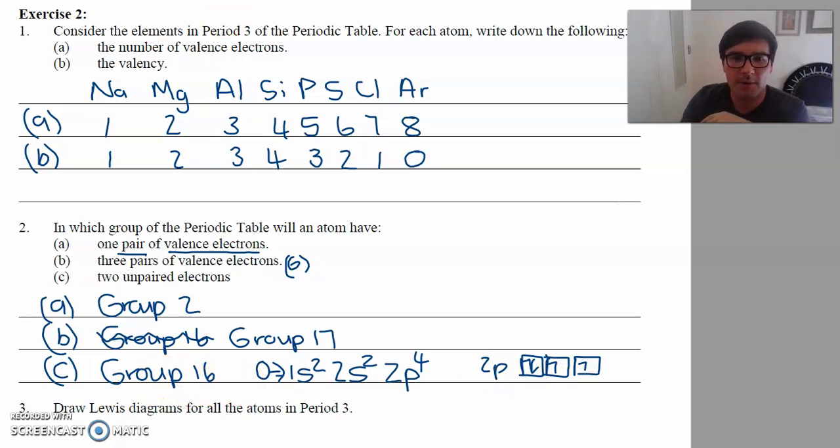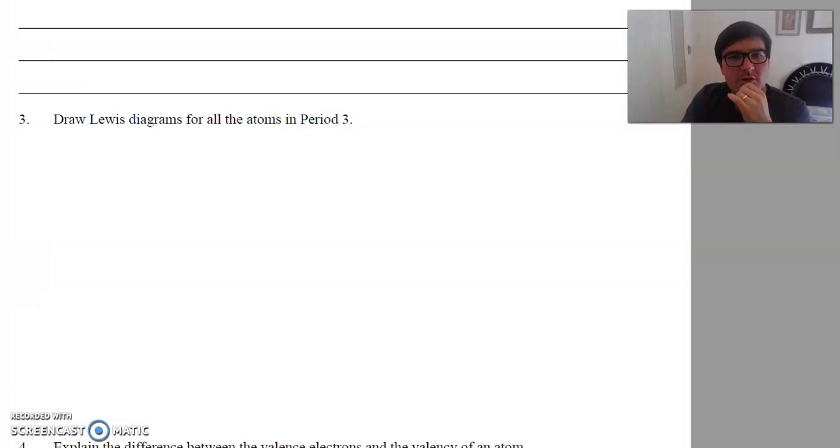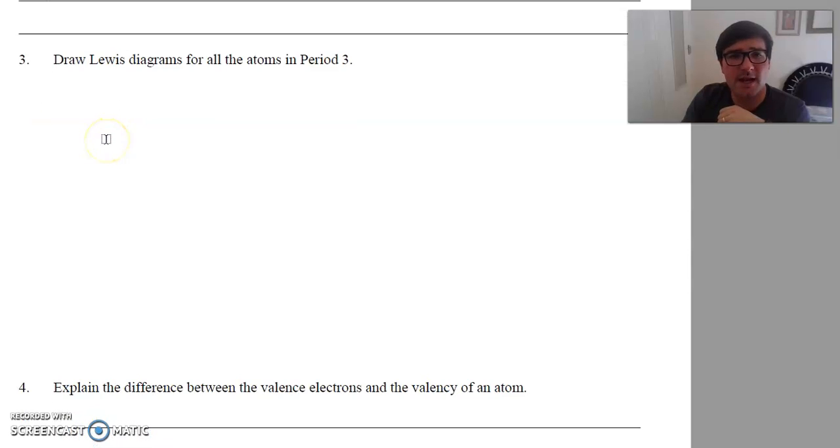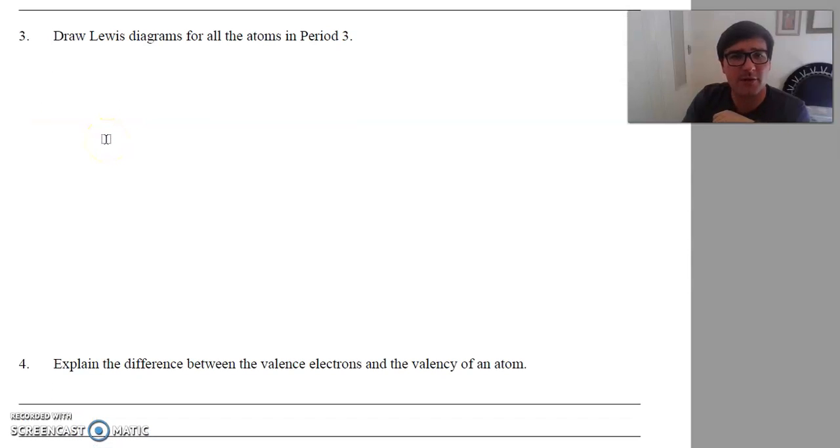Okay. Then question 3 says, draw Lewis diagrams for all the atoms in period 3. So to draw the Lewis diagrams for all the atoms in period 3, let's write them down again like we just did.